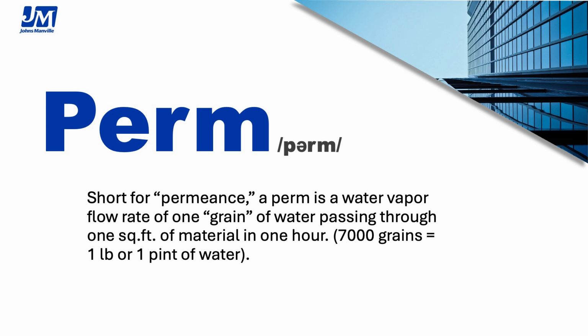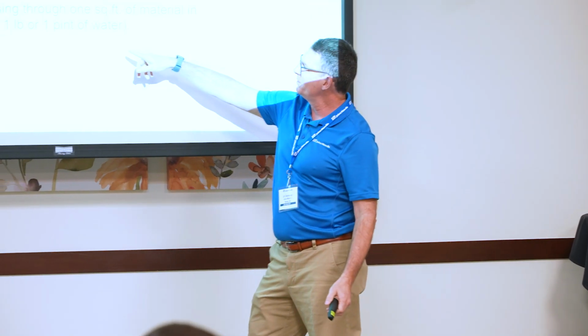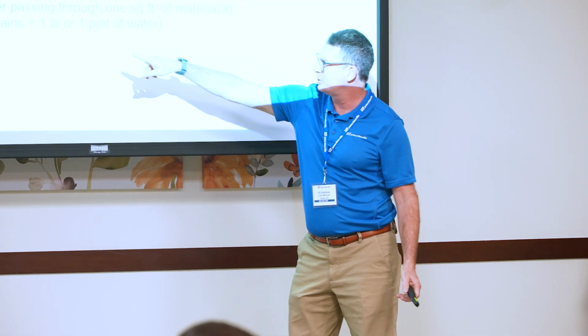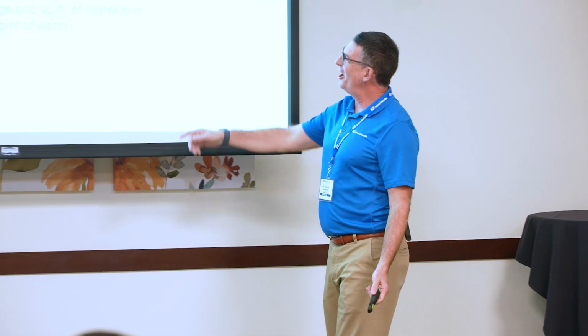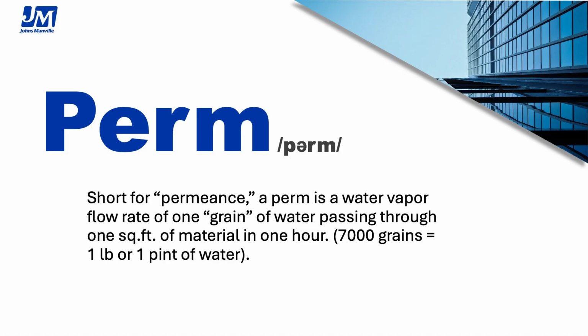PERMs in the US use imperial units, so they're all kind of wonky and weird. It's 1 grain of water, which is 1/7,000th of a pound, going through a square foot of material in an hour, and a PERM would be under a driving force per inch of water vapor pressure.